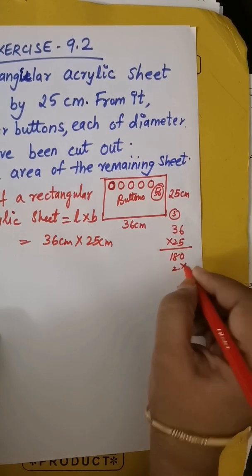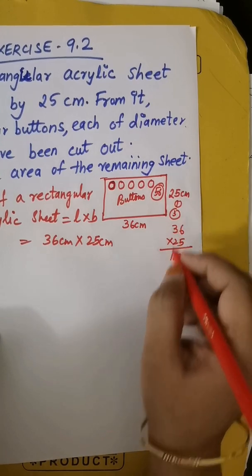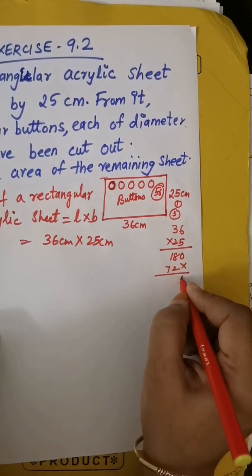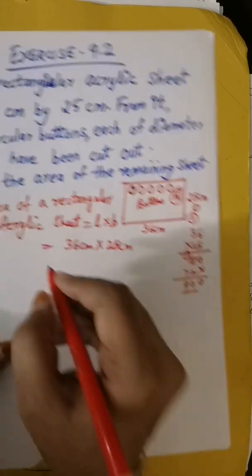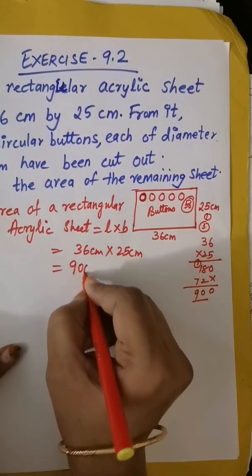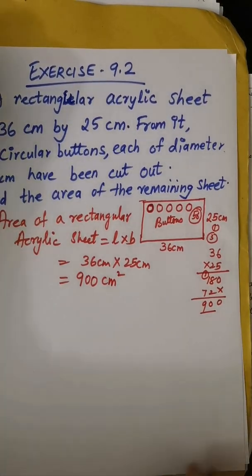Cross mark. 2 6s are 12. 2 3s are 6, 7. So 0, 10, 9. Area of acrylic sheet is 900 centimeter square.